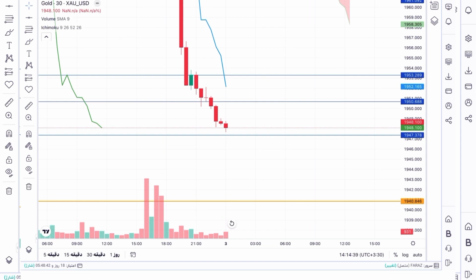After that, if I want to trade, I will analyze the candles near my static lines. For example, here.